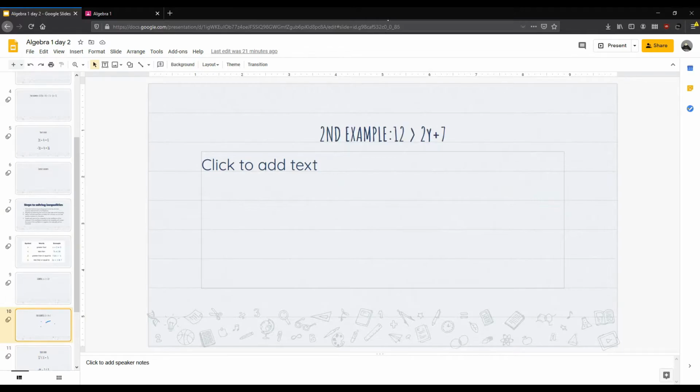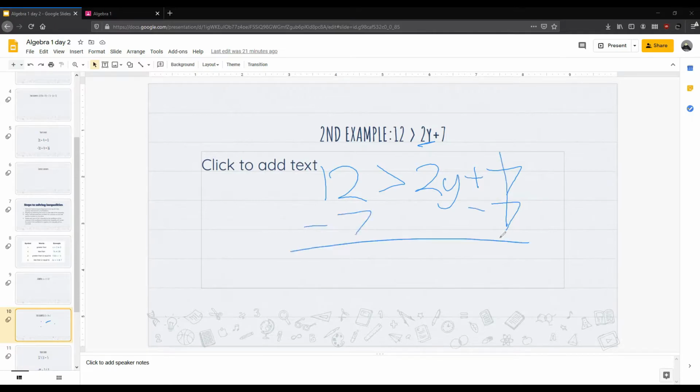Now, in this example, there are a lot more numbers, as in there's a 2 in front of the variable that we need to isolate. So what we would do is, again, subtract the 7 on this side and move it to this side.